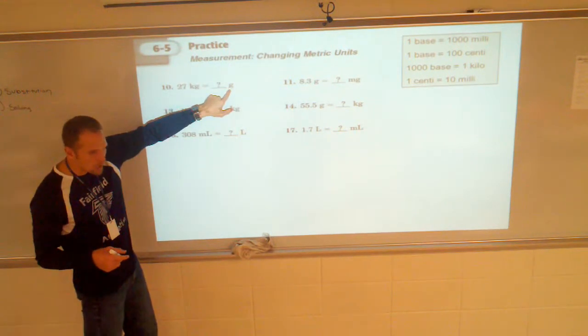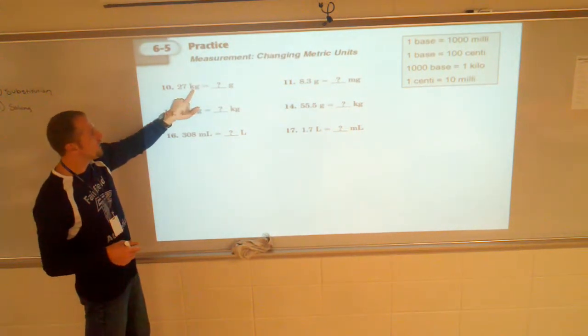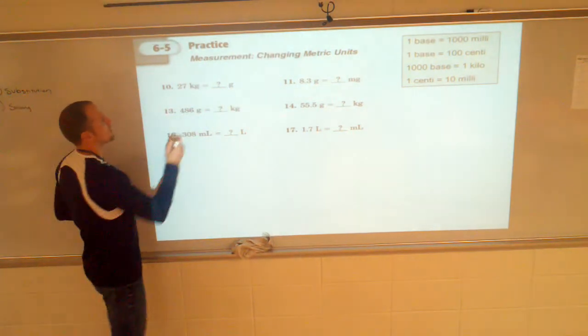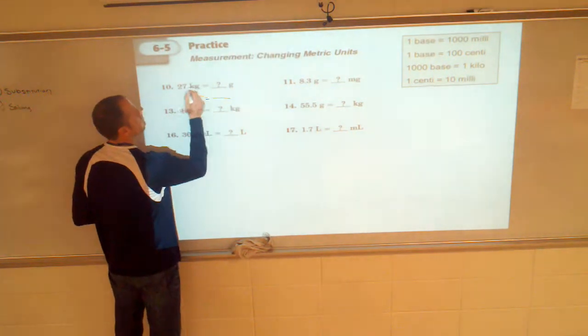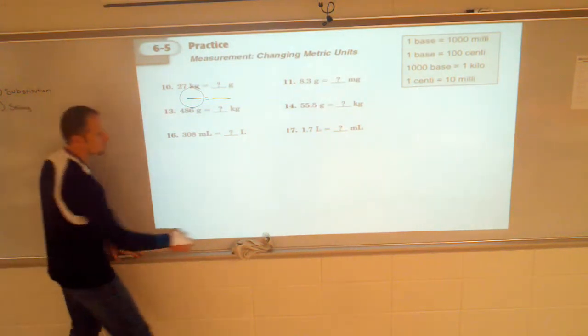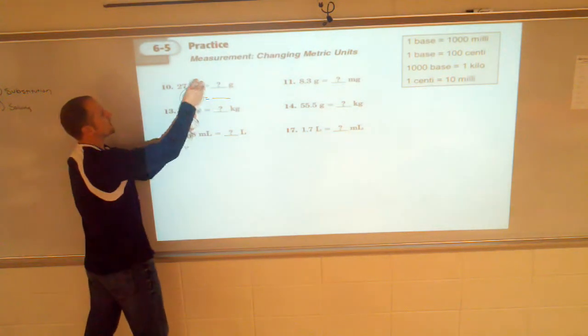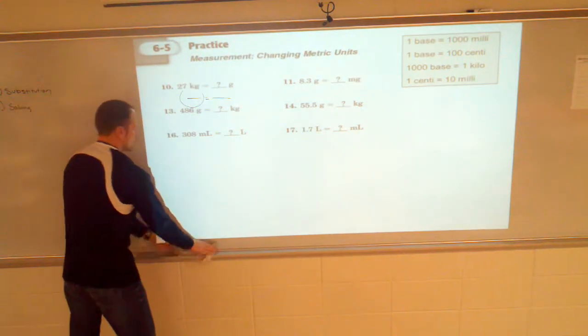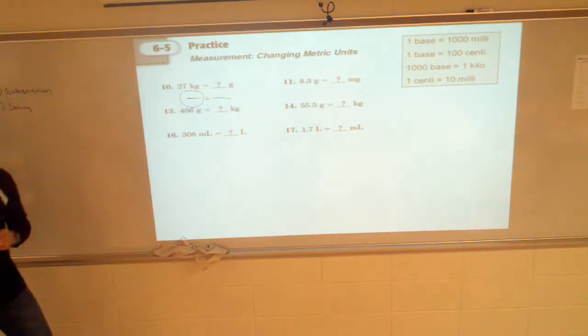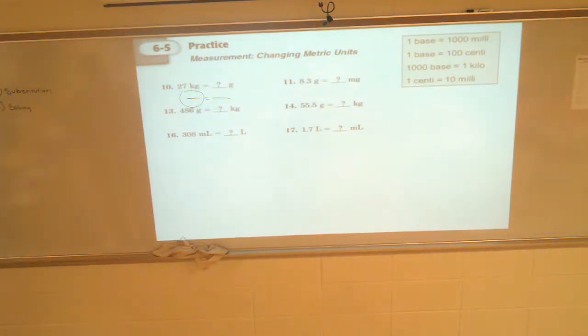Kilograms to grams. What's the conversion between kilo and base? What's that first ratio going to be? Just give me that first one. What is your conversion between kilograms and grams?